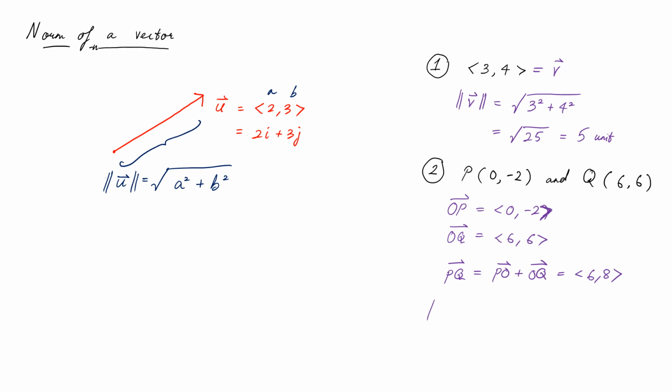Hence the norm, or the length, of vector PQ will be given by the square root of 6 squared plus 8 squared, which is equivalent to the square root of 100, so the final answer would be 10 units.